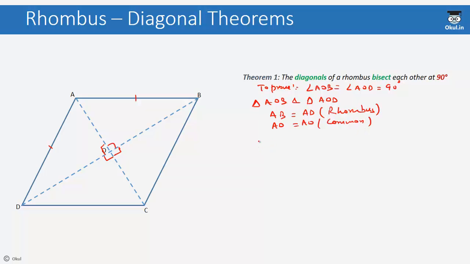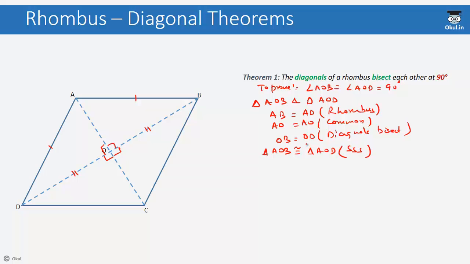A rhombus is also a parallelogram, so the diagonals will bisect each other. Therefore, OD is equal to OB. That is, OB is equal to OD because the diagonals bisect each other. Therefore, by SSS congruency rule, I can say that triangle AOB is congruent to triangle AOD by SSS rule.